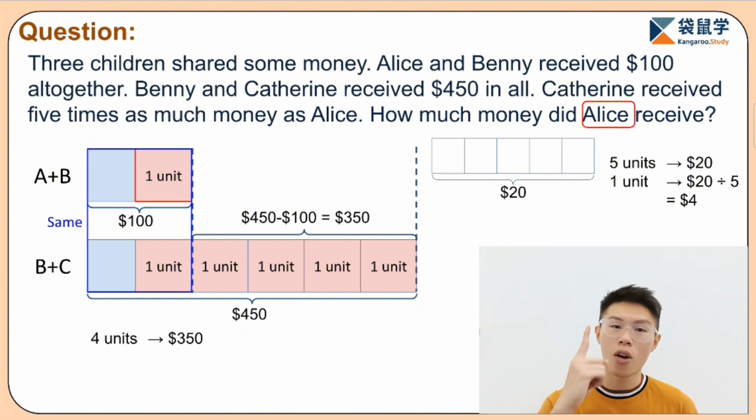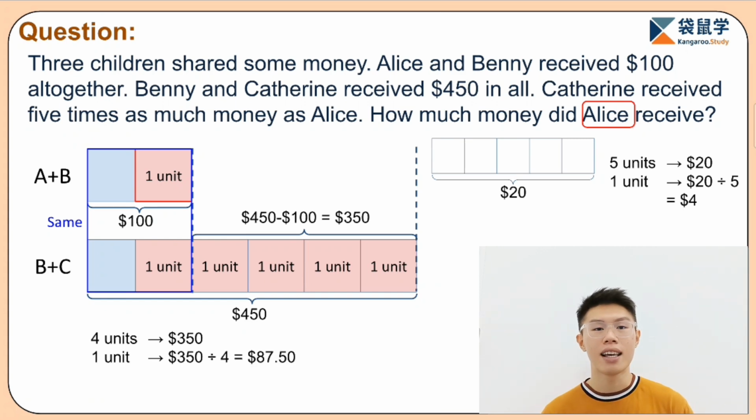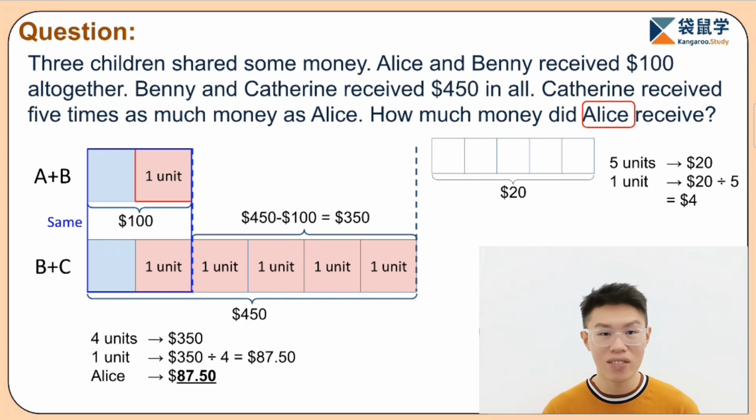To calculate the value for 1 unit, 350 divided by 4, giving us $87.50. Since Alice has 1 unit, she has $87.50. Problem solved. But we are not ending yet, because there is more to learn from the question.